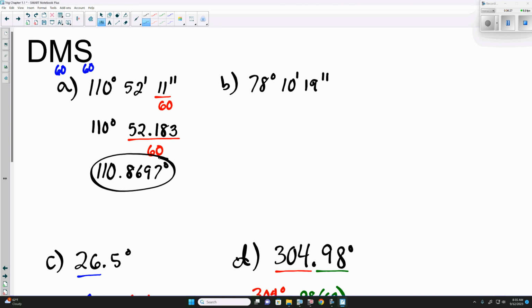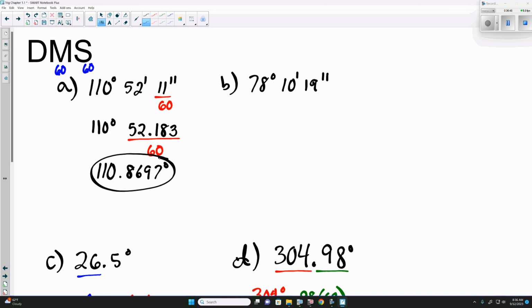Or if we wanted to simplify, we could say 110.8697. We're not going to normally go more than 4 decimal places. Questions on this here? Does this kind of make sense how this works?